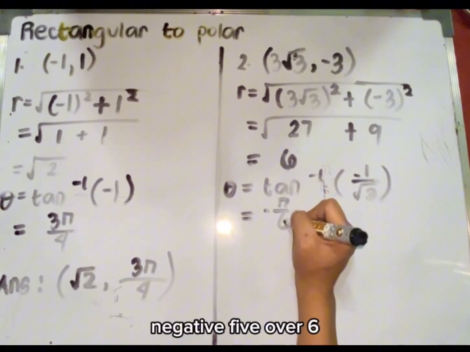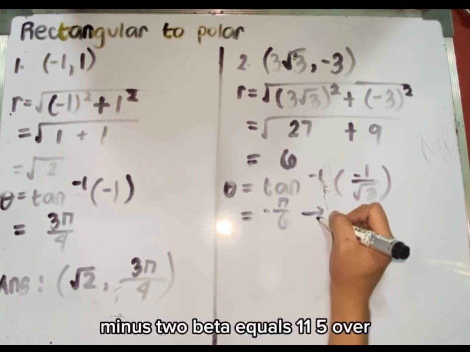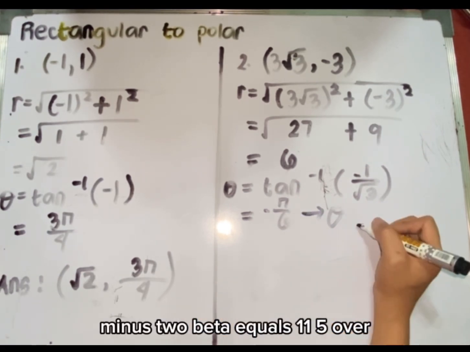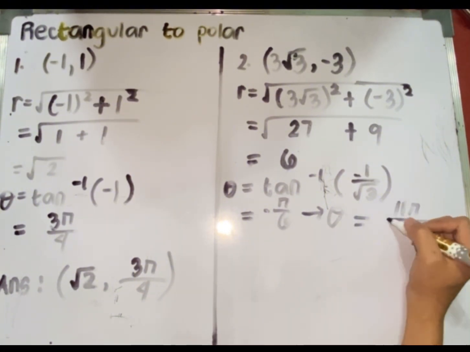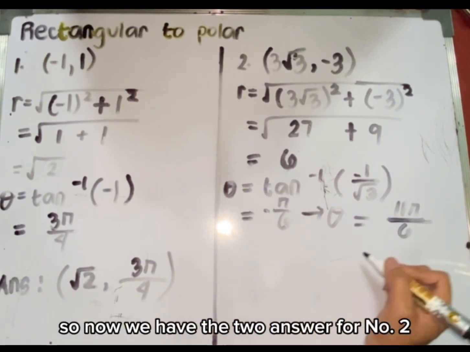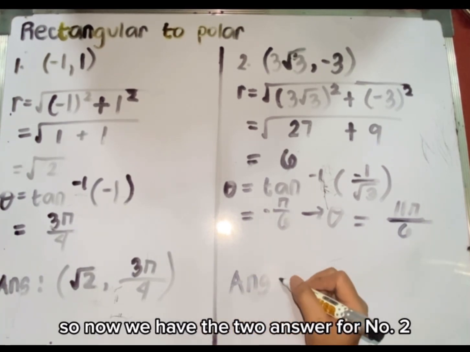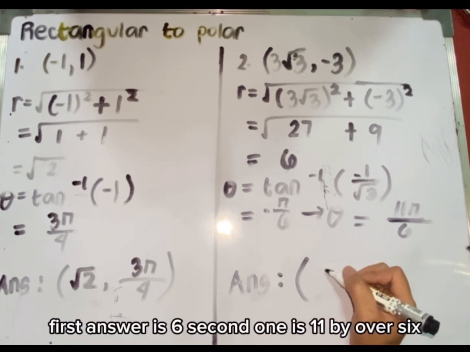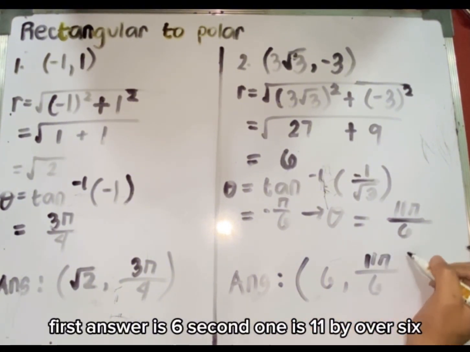Negative pi over 6 means theta equals 11 pi over 6. So now we have the two answers for number 2. First answer is 6. The second one is 11 pi over 6.